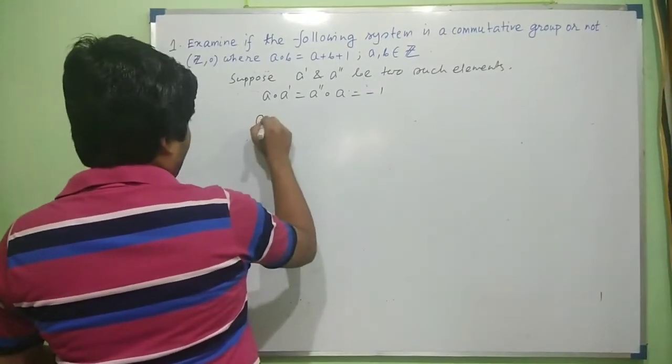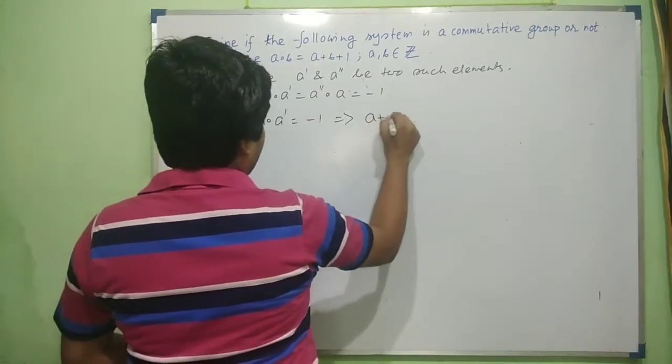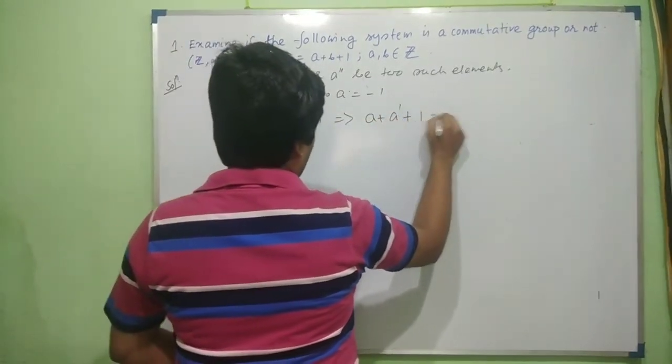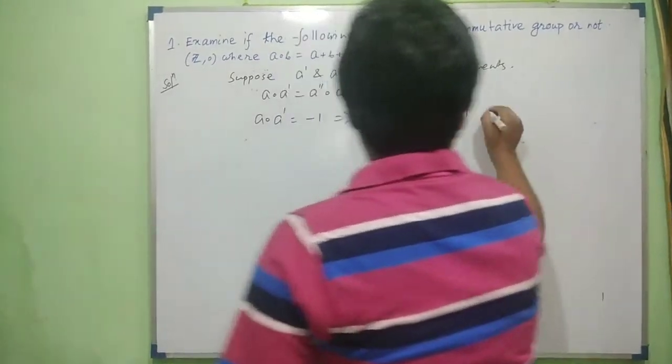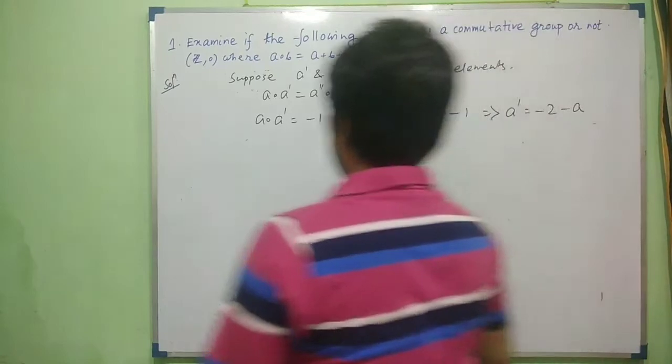This holds. Now A naught A dash equal to -1 implies A plus A dash plus 1 equal to -1, which provides us A dash equal to -2 minus A.